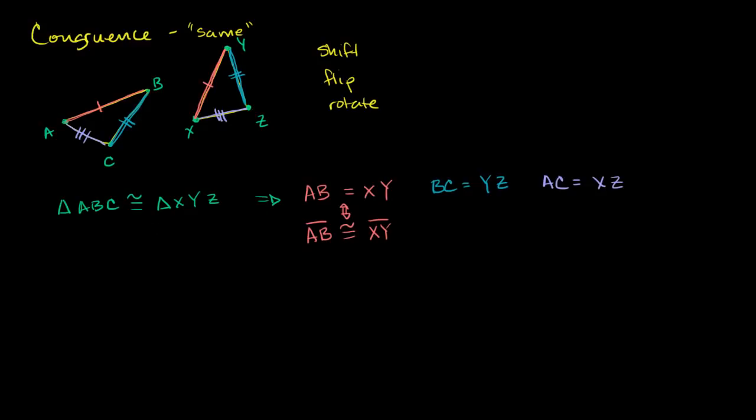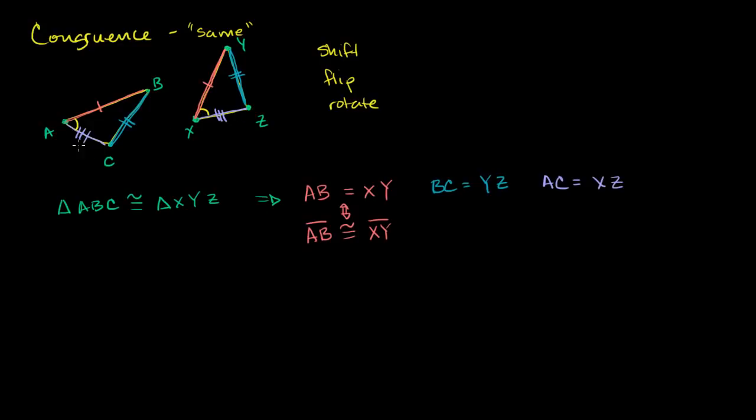So for example, we also know that this angle's measure is going to be the same as the corresponding angle's measure. And the corresponding angle is right over here. It's between this orange side and this purple side.